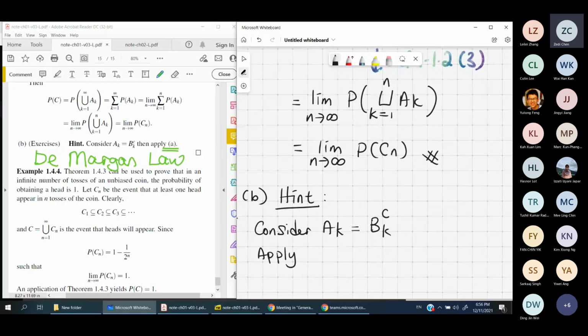part A of this theorem, and you might need to use De Morgan's law. I'm not sure if you need to use this, possible. But for sure you will need this.